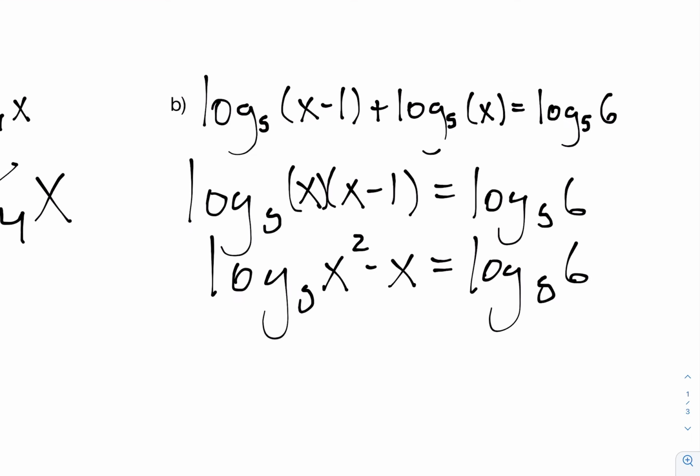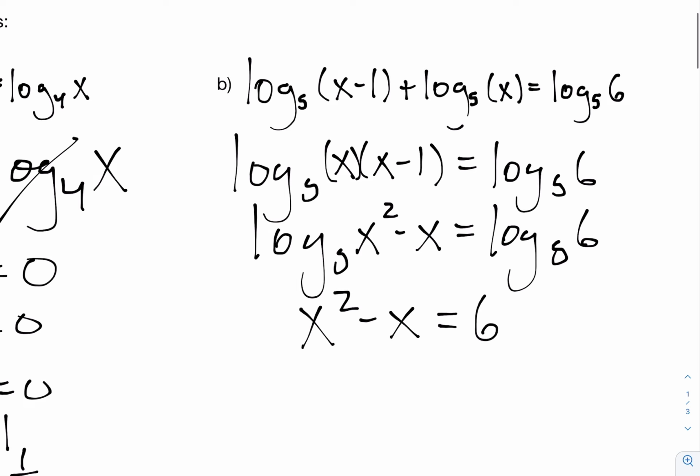Well, this is exactly what we had in the last situation. We can take 5 to the power of this log in base 5, or we can just say, well, these are both base 5 logs, and if the whole thing equals the other side, then the insides must equal each other. So we can just say x squared minus x equals 6.